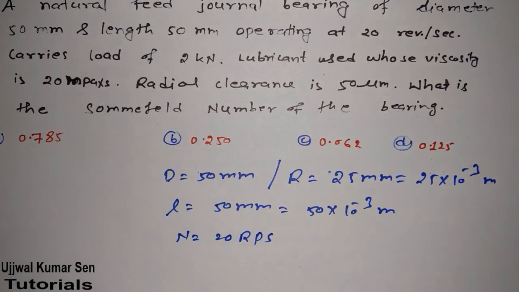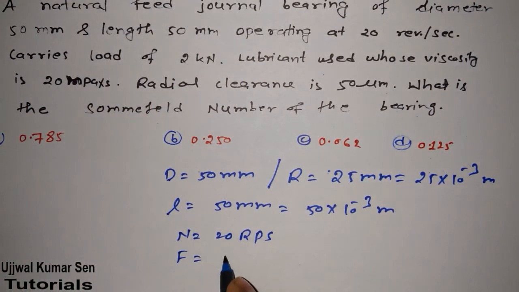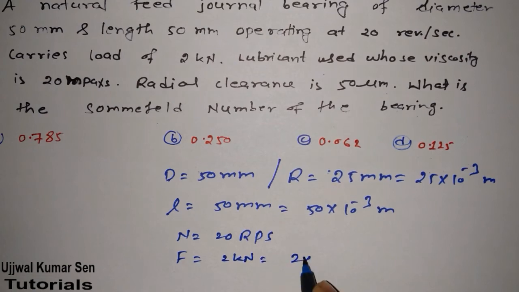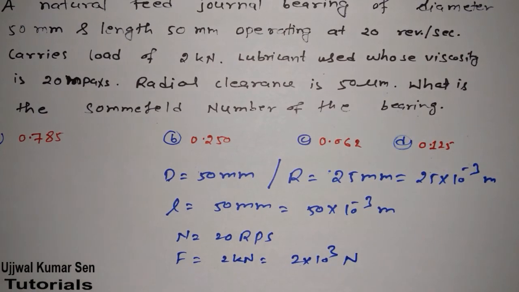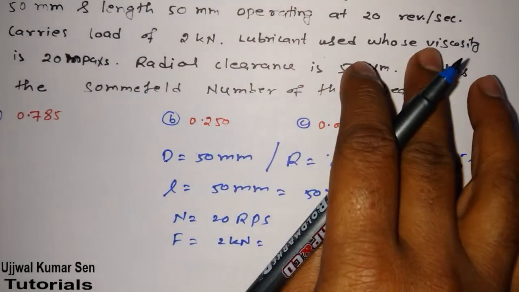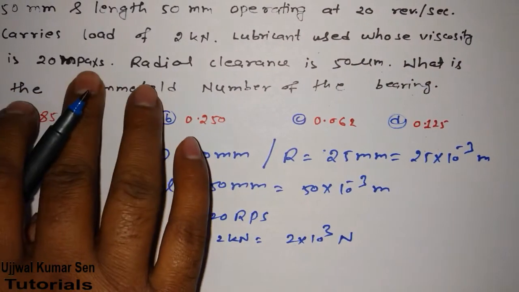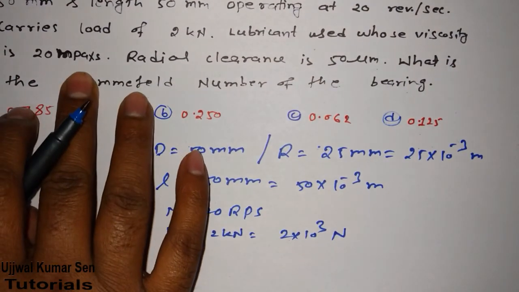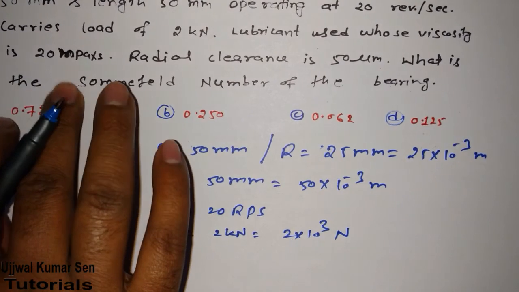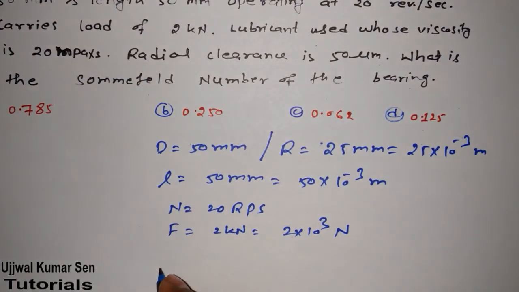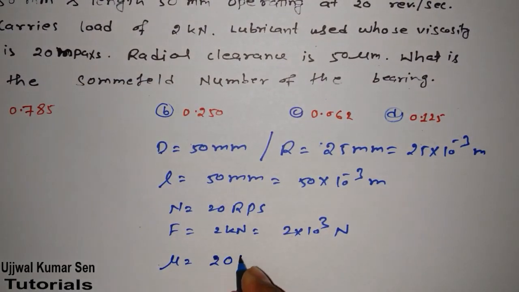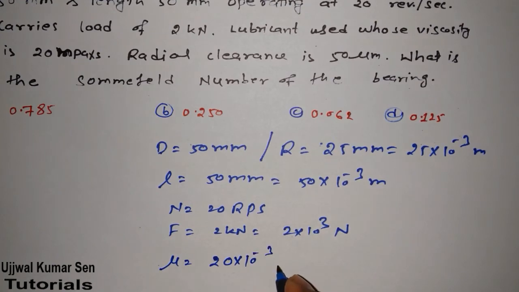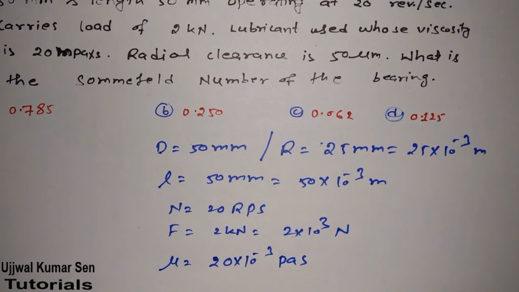That's good because we need RPS, not RPM. It carries a load, let's say force is equal to 2 kilonewton, that means 2 times 10 to the power 3 Newton. The lubricant used has viscosity 20, this one is small m, millipascal second. That means mu is equal to 20 times 10 to the power minus 3 Pascal second. Pascal means Newton per meter square.